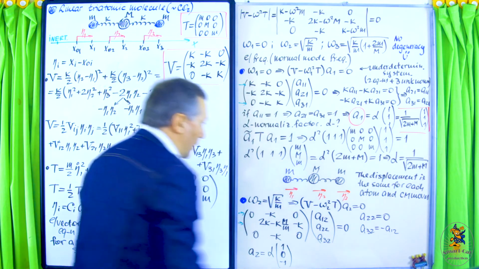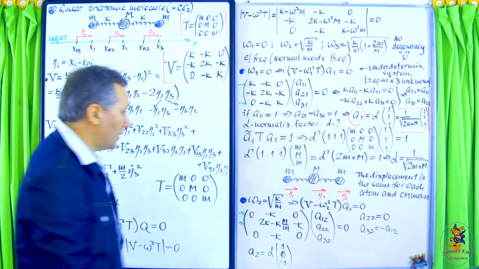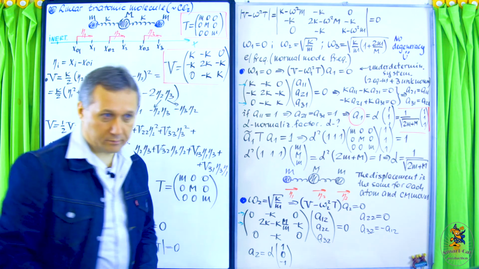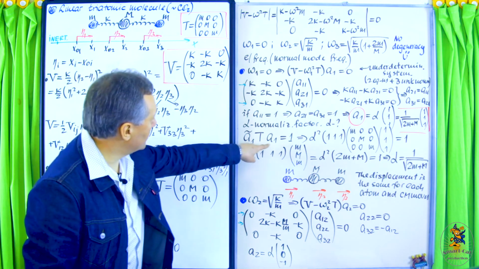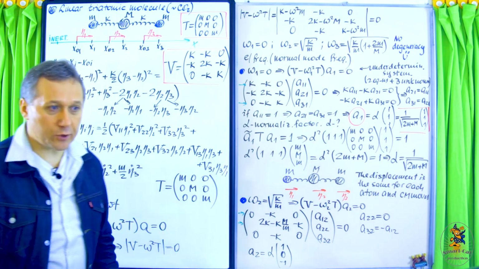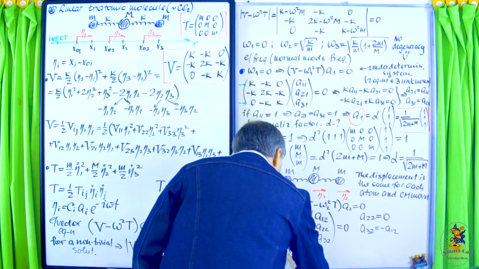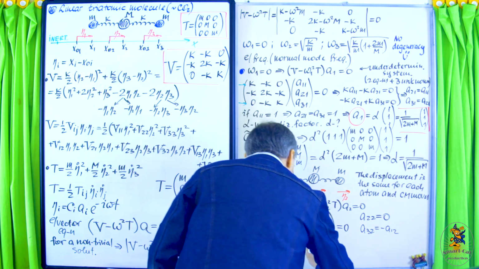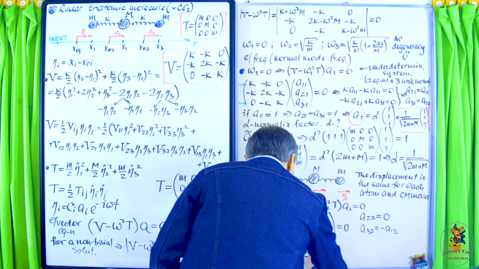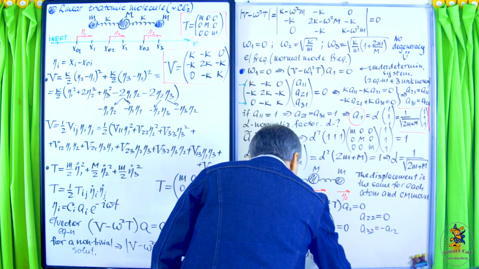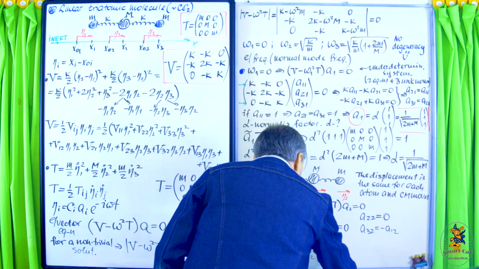And then, of course, you apply the normalization procedure, which is like this, but with A2. So A2 transposed times A2 equals 1.